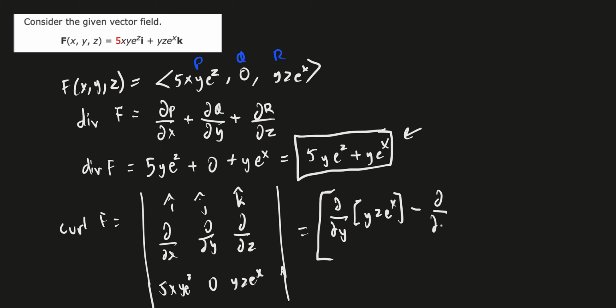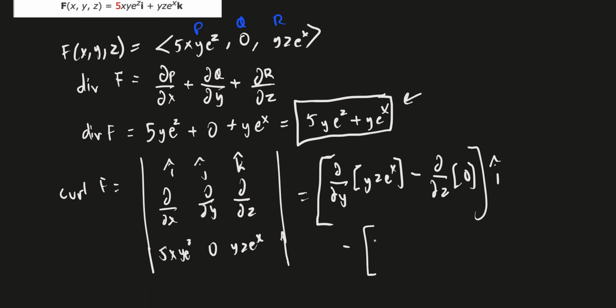This is equal to partial y, y z e to the x, minus partial z, 0, I don't even think I need to add this, but it's fine, i, and then minus, remember the minus, it's not the plus, it's the minus.